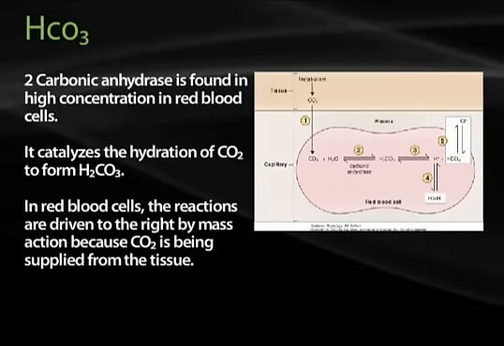Step 2, carbonic anhydrase, found in high concentrations in red blood cells, catalyzes the hydration of CO2 to form H2CO3. Then in red blood cells, the reactions are driven to the right by mass action. CO2 is constantly being supplied from the tissues, forcing the equilibrium of this equation to the right towards bicarb formation.